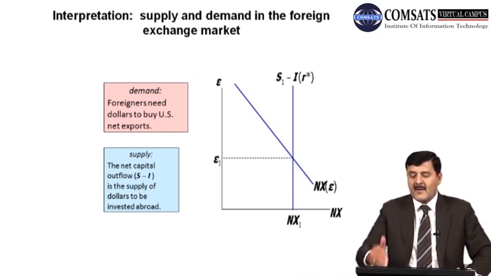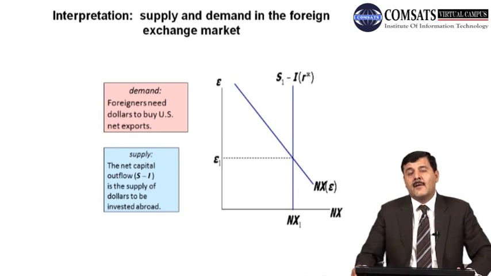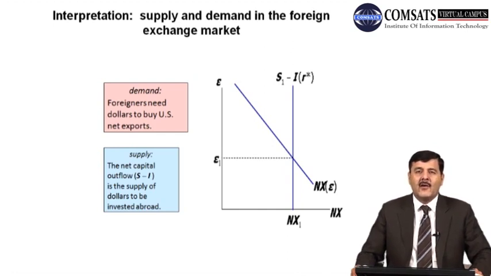So the net exports curve determines the demand for currency, and S minus I determines the supply of dollars. Both curves intersect at a point which determines the equilibrium real exchange rate and equilibrium net exports of the economy.